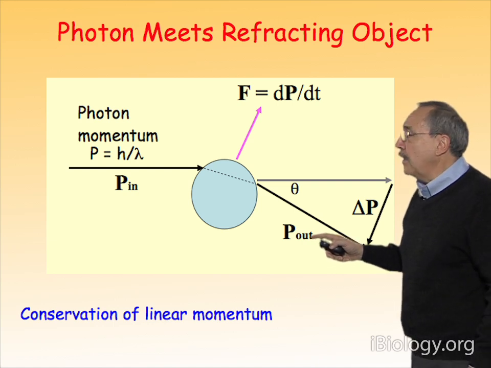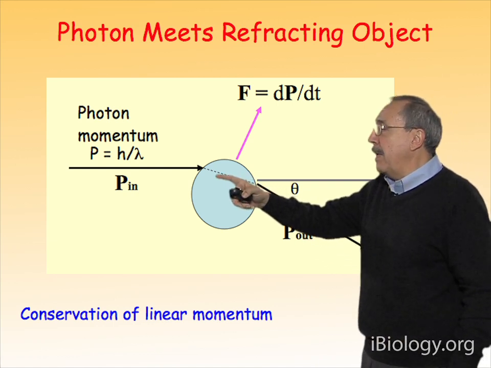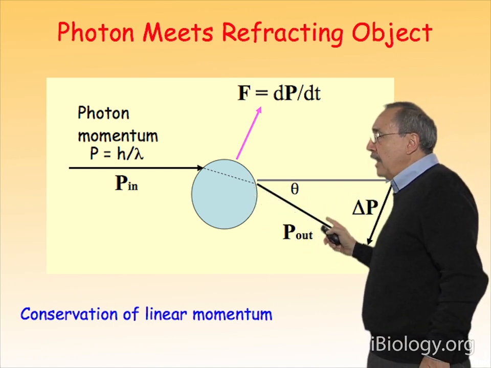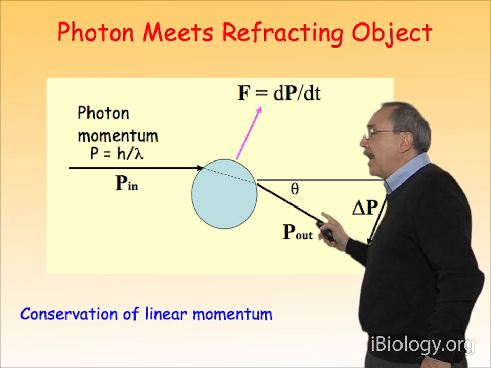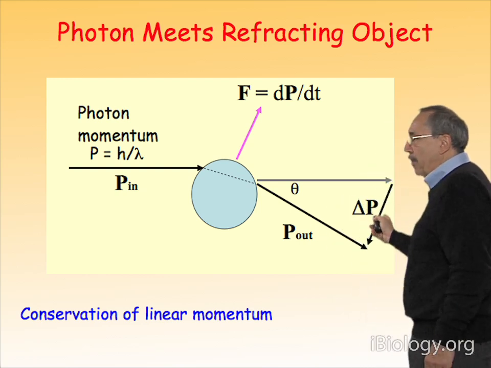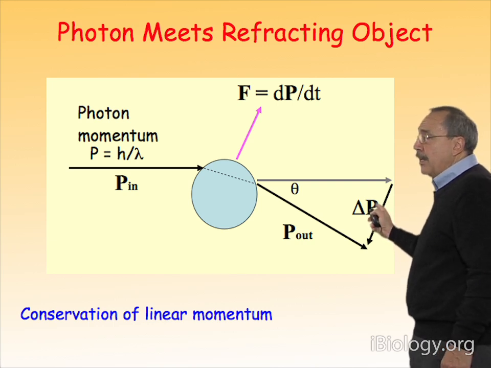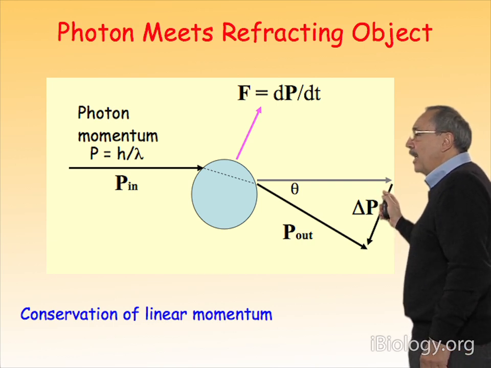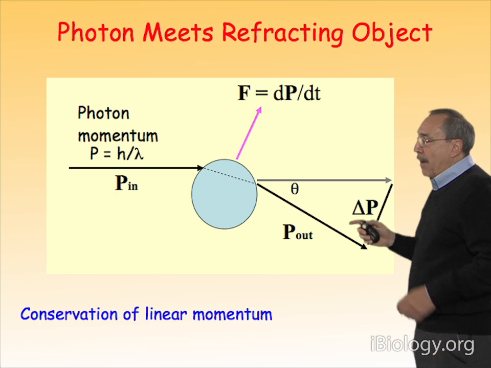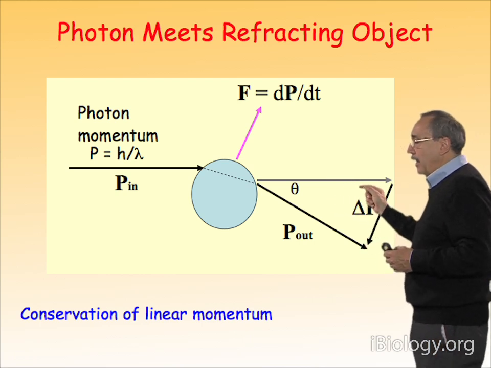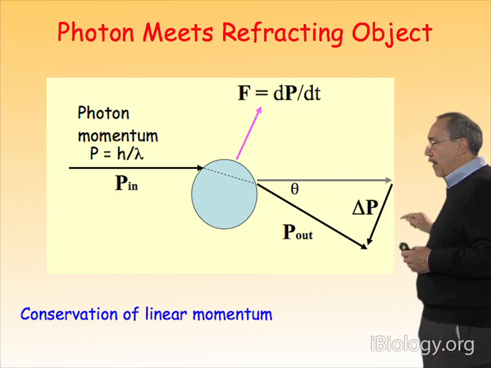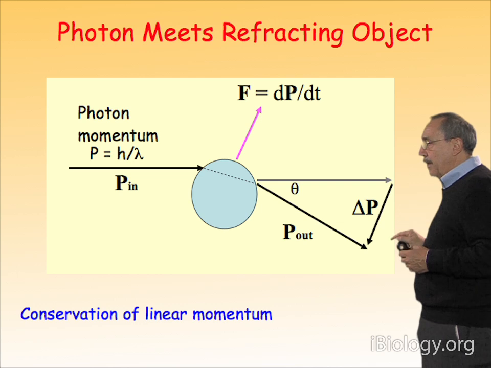Notice that the incident momentum of the light has changed into the outgoing momentum of the light, and there is a change in momentum of the light corresponding to delta p. So the light has essentially lost an amount of momentum that is proportional to this arrow here, delta p.